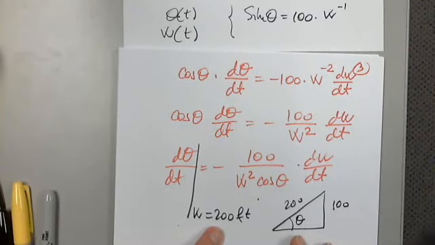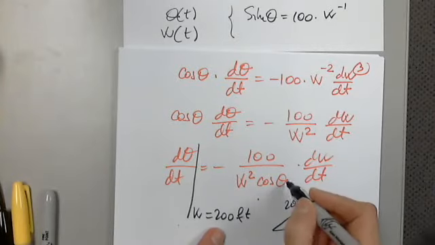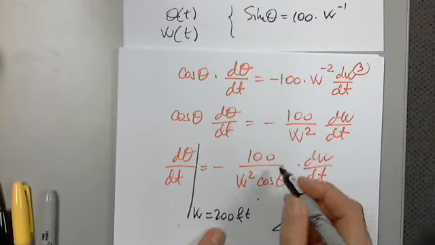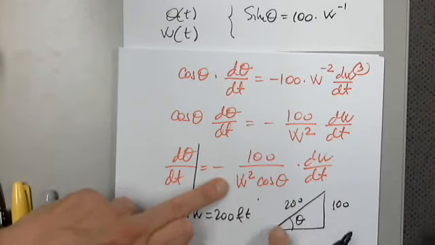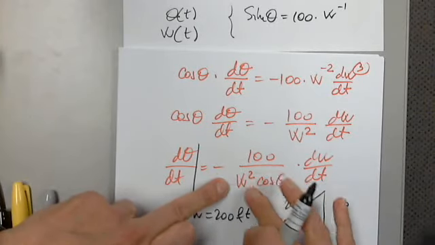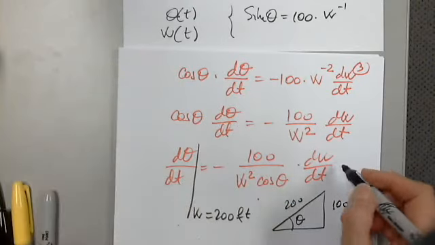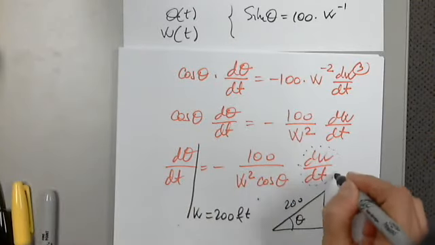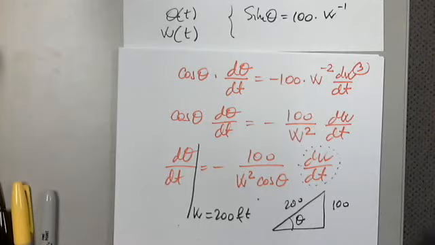Sine theta is 1/2. What angle is theta if sine is 1/2? Careful, it's the tiny one. 30. Yes. So this is cosine of pi over 6. So there's no problem there. w I have is 200. So all these are given to us, but I'm having one problem here, finding dw over dt.